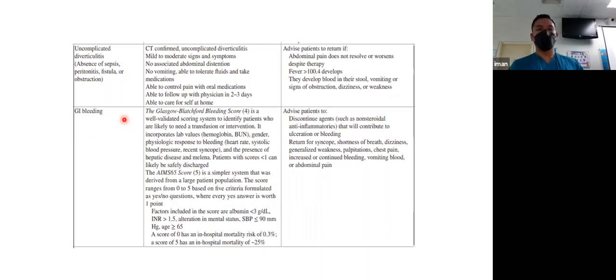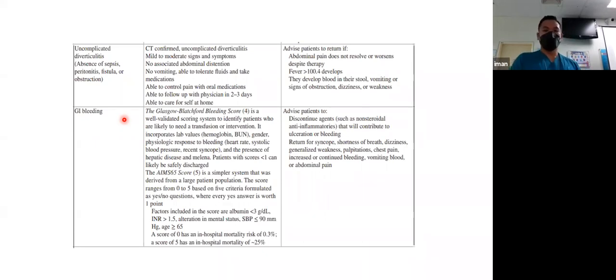Basically this is a score to identify patients who are likely to need a transfusion or intervention. For a patient with a score less than 1, we are quite confident to safely discharge them.